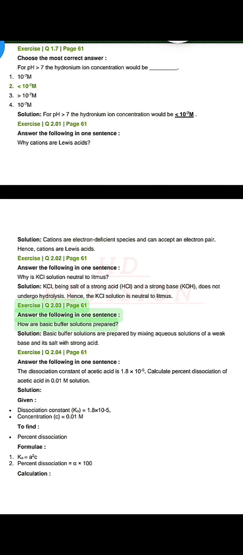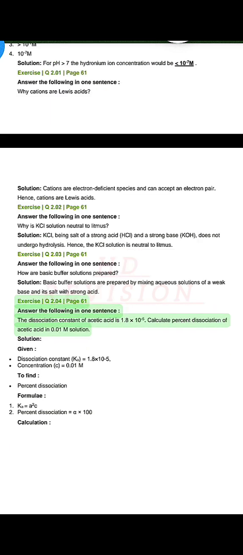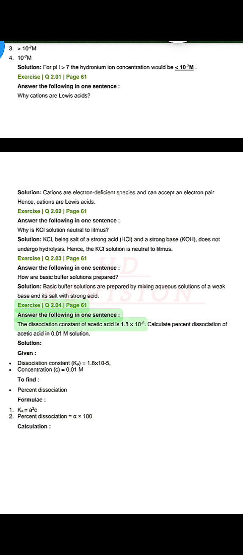Exercise Q2.03 page 61. Answer the following in one sentence. How are basic buffer solutions prepared? Solution. Basic buffer solutions are prepared by mixing aqueous solutions of a weak base and its salt with a strong acid. Exercise Q2.04 page 61. Answer the following in one sentence. The dissociation constant of acetic acid is 1.8 times 10 to the power minus 5.